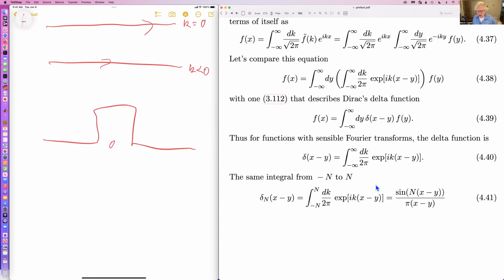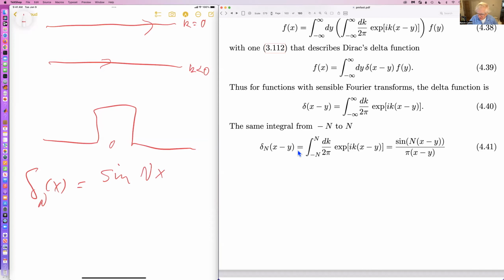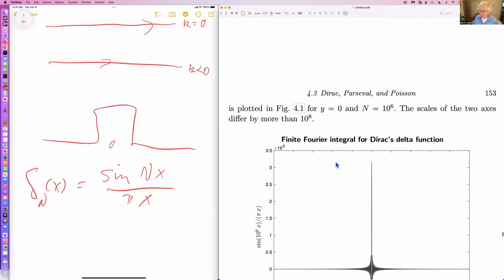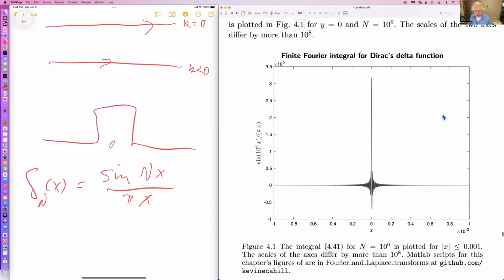I set y to 0 to get just delta sub n of x. So delta sub n of x is then sine nx over pi x. And I computed this for capital N equal to 1,000,000, y equals 0, and plotted it. And this is what I got with MATLAB.